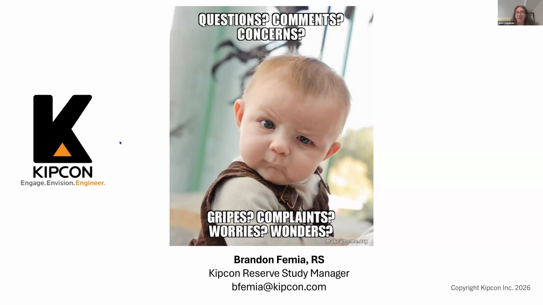Next question from Eric. Can or should an association include annual maintenance contracts, for example boiler maintenance and elevator contracts, in reserves, as they are needed for preventive maintenance and not as discretionary as some operating expenses? Yeah, for sure. Those items can be included in your preventive maintenance. Going back to what I said previously, we want to make sure that, number one, we're funding for everything somewhere and we're not double funding for things.